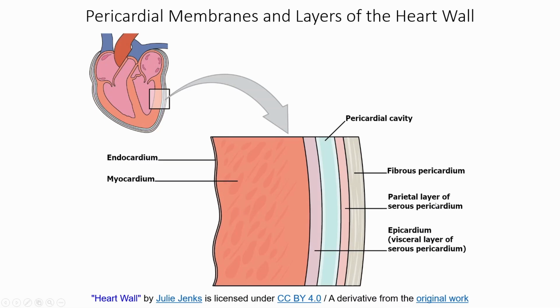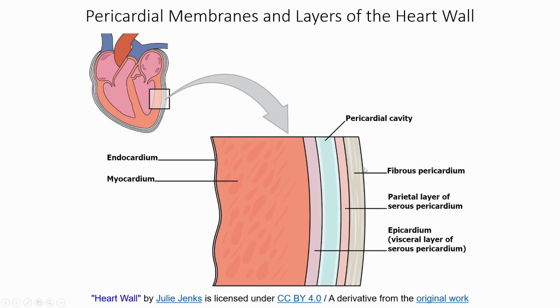If we work our way from right to left, so we're working our way from the outside in, we have the fibrous pericardium on the very outside, the parietal layer of the serous pericardium, in this pink, right, the pericardial cavity, and then the epicardium, which is going to be the visceral layer of the pericardium. So we have a bunch going on here. Let's break it down. Remember that serous membranes was like punching into a bag, right?